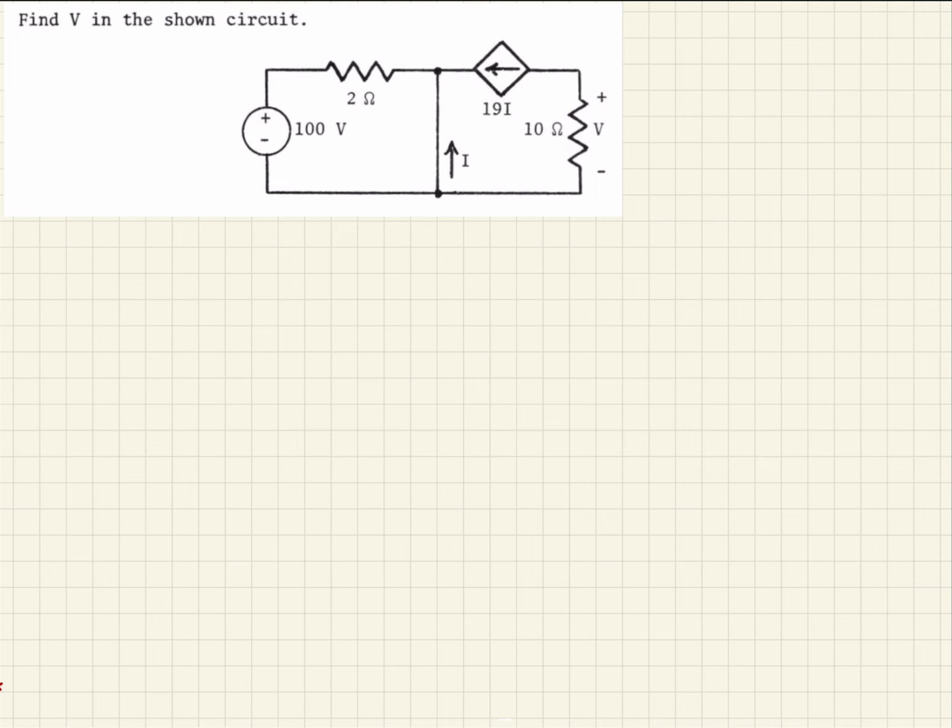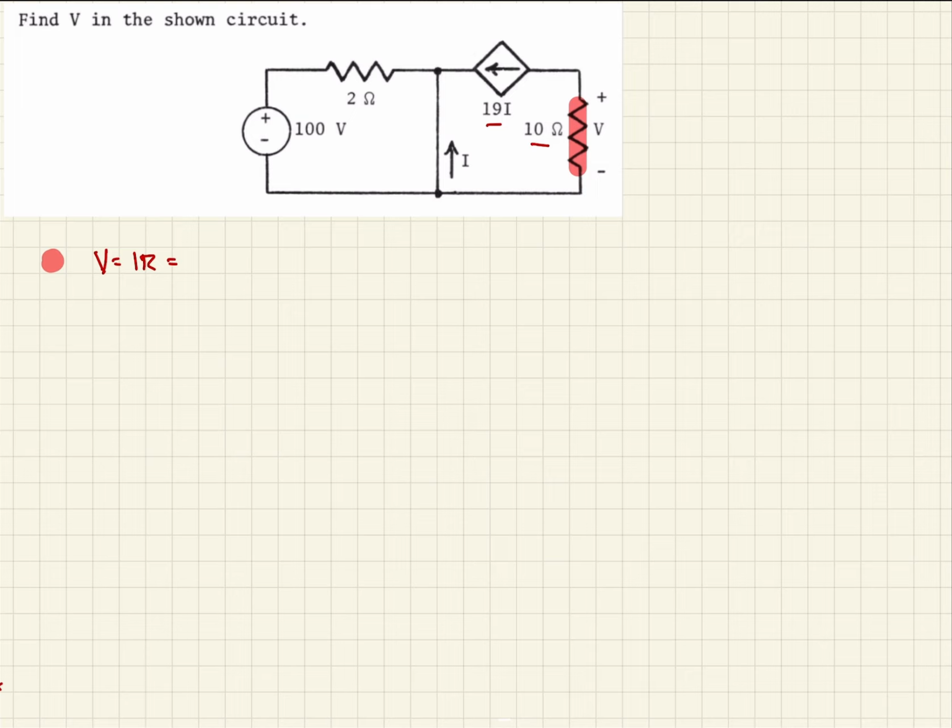So the first thing we want to look at is this resistor. And we can recall that Ohm's law is V equals IR. In this case, we know the I, or the current, is 19I. We know the resistance, 10 ohms.